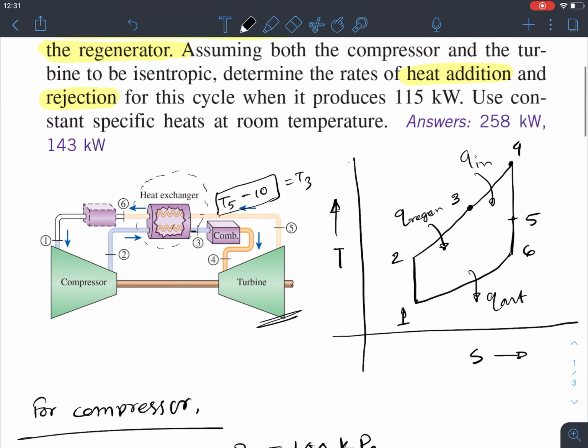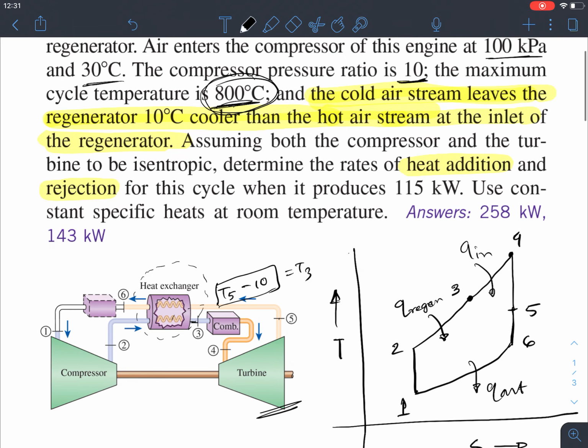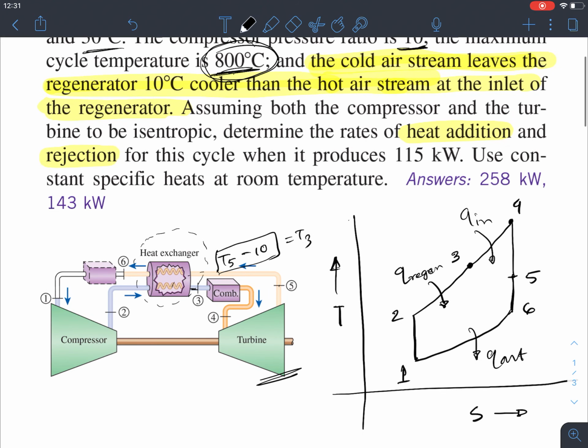Why? When the turbine expands the compressed air, it comes to atmospheric pressure, which is 100 kilopascal. The pressure does not increase in the heat exchanger, so P5 becomes P1, the atmospheric pressure, because the heat exchanger does not change the pressure.